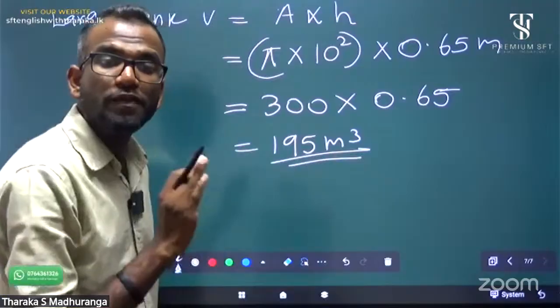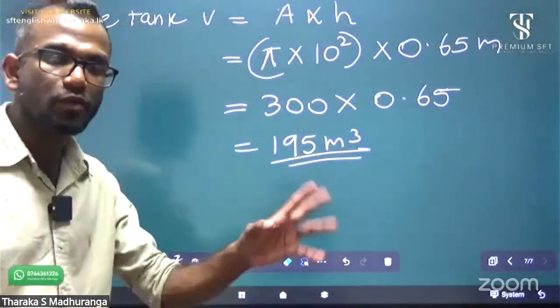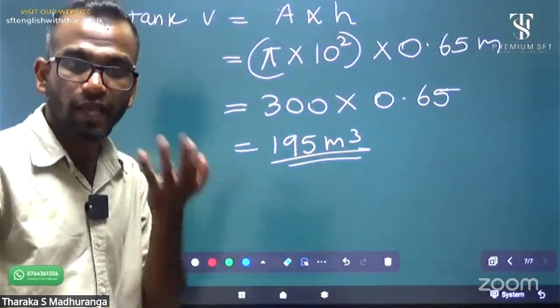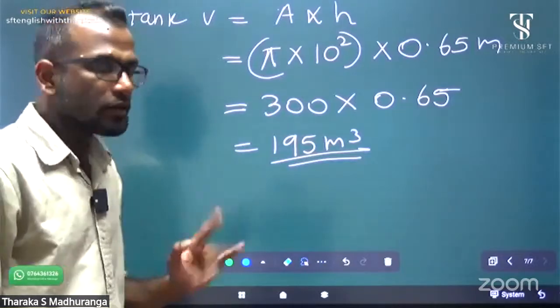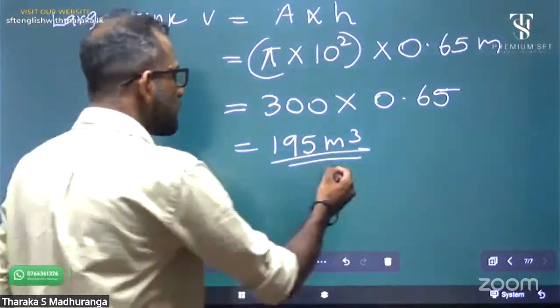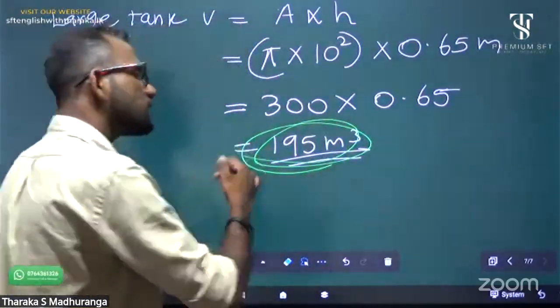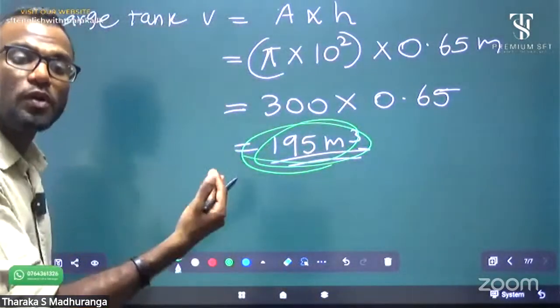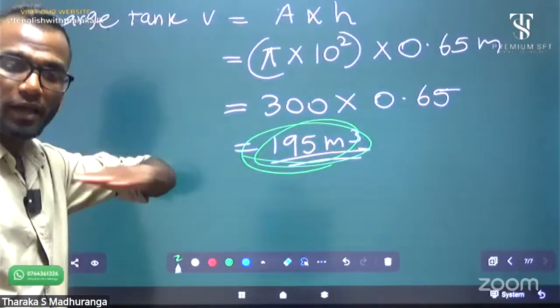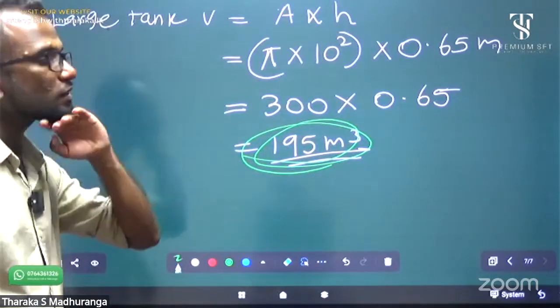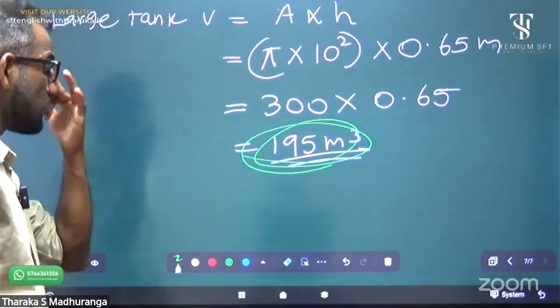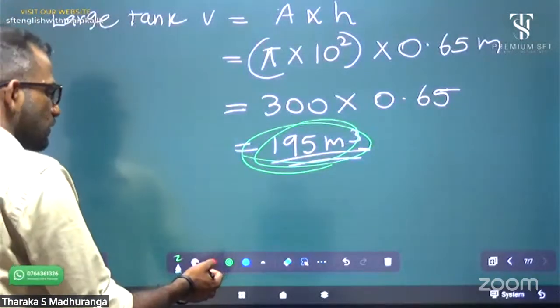This is the volume of the large tank, right? This is the water or whatever liquid contained in the large tank. Understood? Now this volume is filled into both small tanks to the same height. The question asks, what is this height?